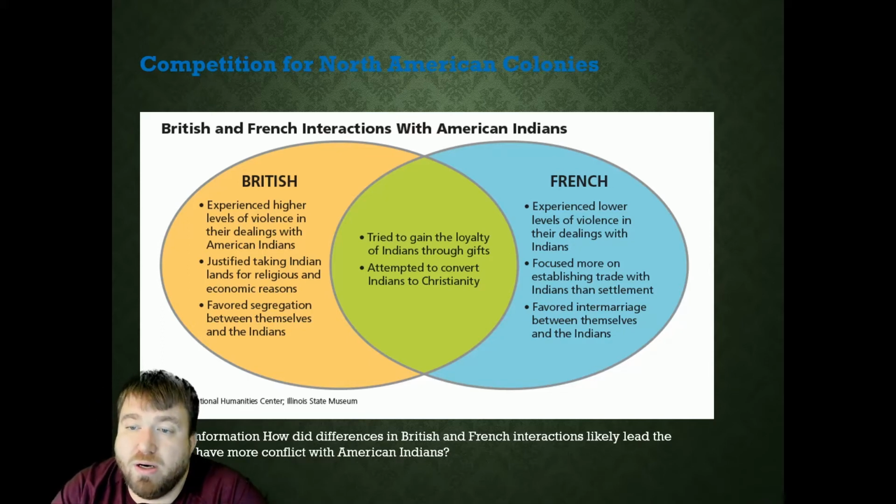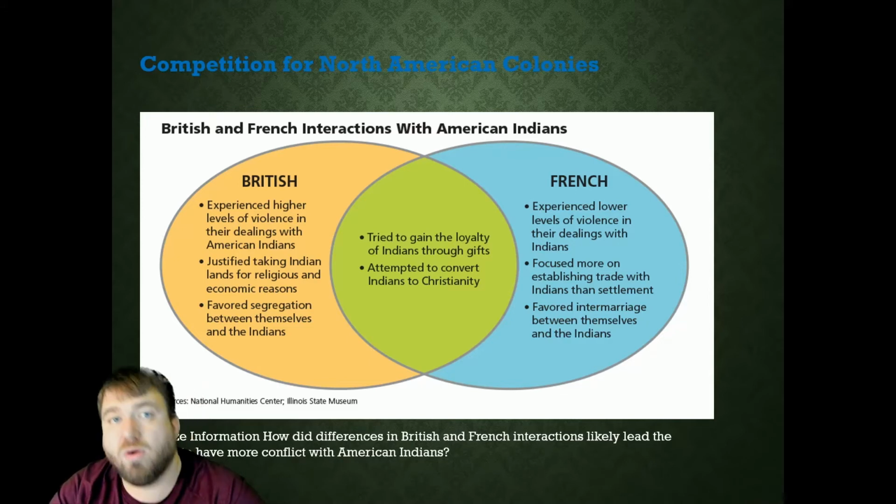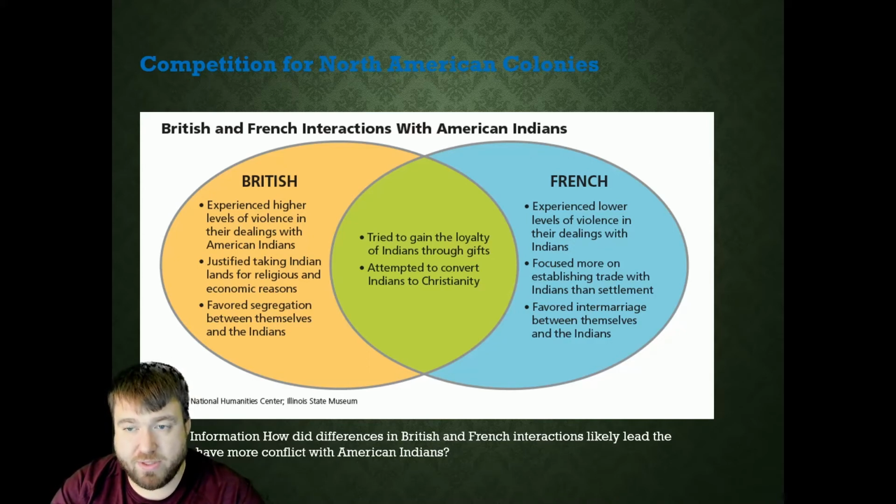The French experienced lower levels of violence in their dealings with the Indians, focused more on establishing trade with Indians than settlement, and favored intermarriage between themselves and the Indians. So the French are actively working to foster a good relationship with the natives.